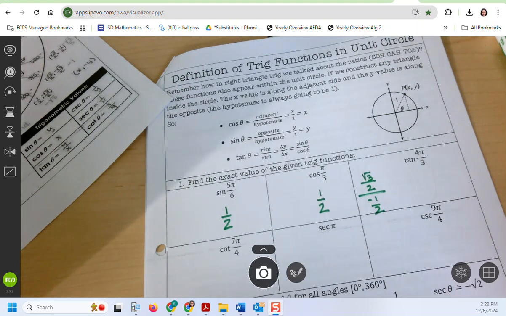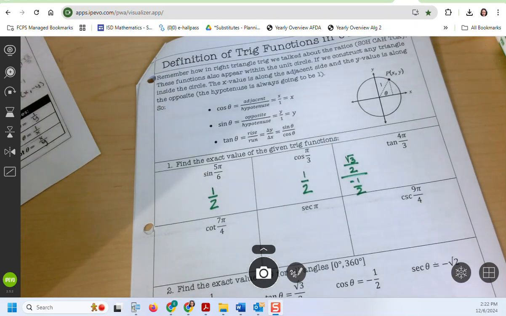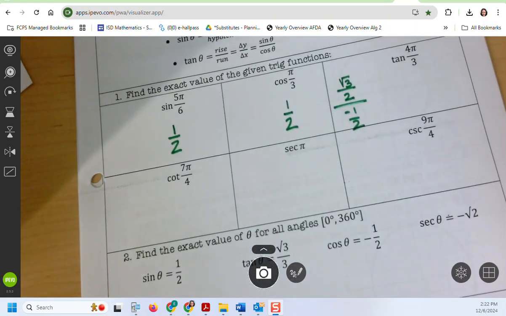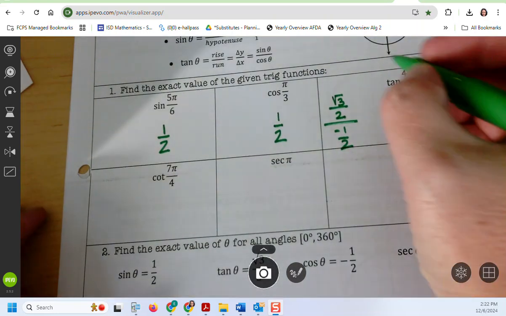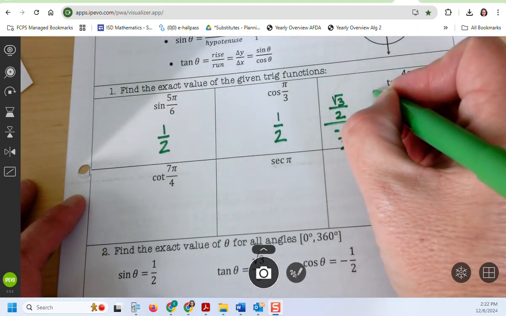There we go. Okay. So for tangent 4 pi over 3, you had root 3 over 2 over negative 1 over 2. And so some people had questions about what to do with that, because if you use your calculator, it gives you a decimal, and that's not what we want. So mathematically, if you have a fraction over a fraction, you could multiply the numerator and denominator both by 2, which would cancel the 2 out.